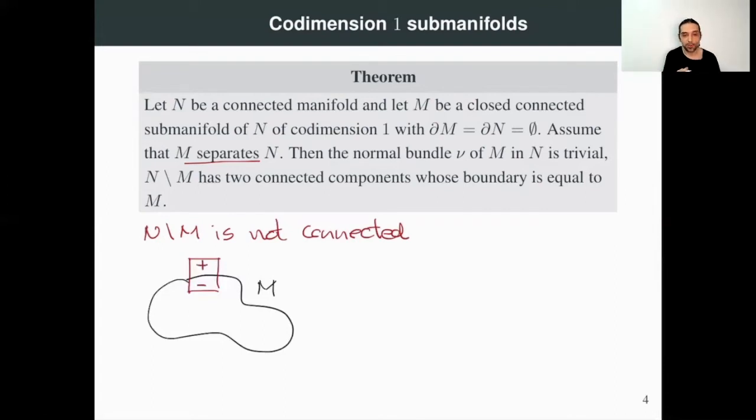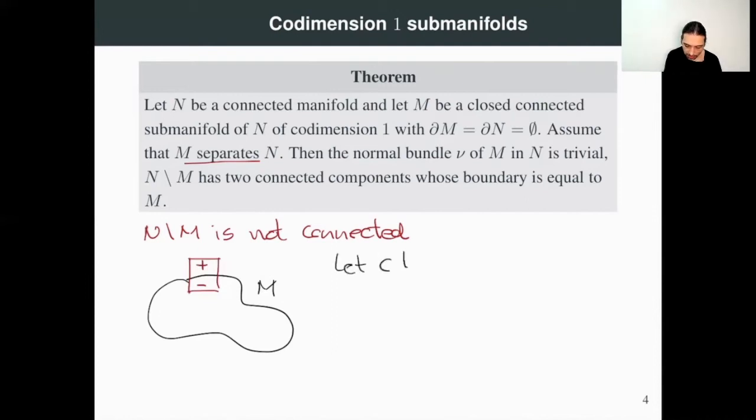And what we want to say is that since locally we have two connected components, when we consider a set like this minus M, then if M separates N, the plus and the minus have to be in different components of the complement of M. Why is that?